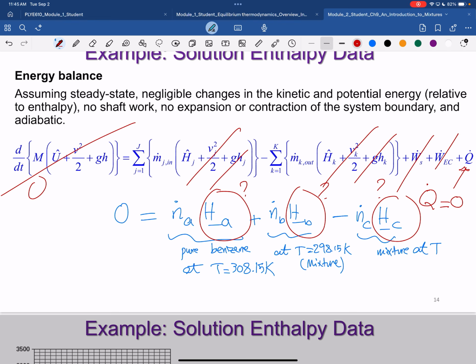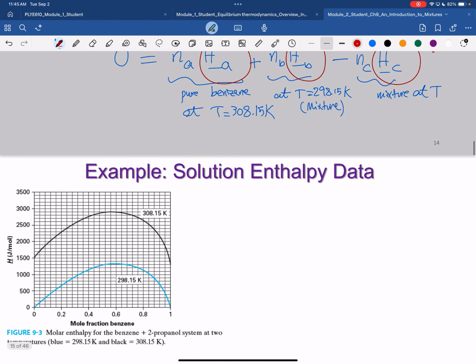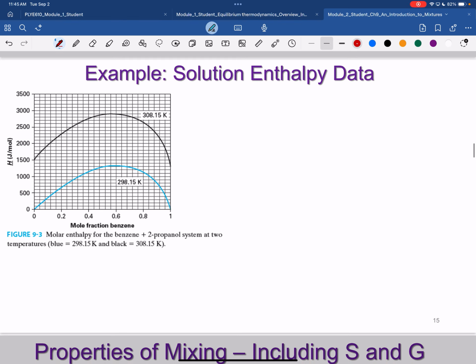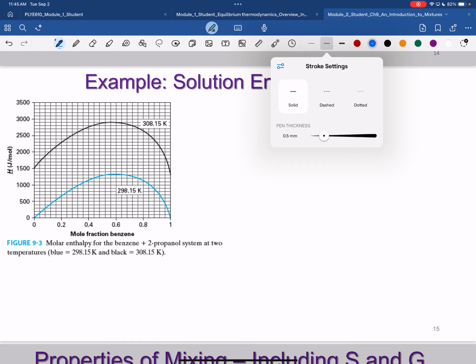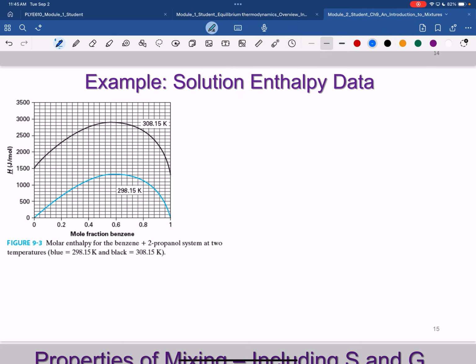Do you have the, okay, let's go here. Maybe it's easier to see. Let's write it here. HB. What was the mole fraction over there for component 1? 20%, right?